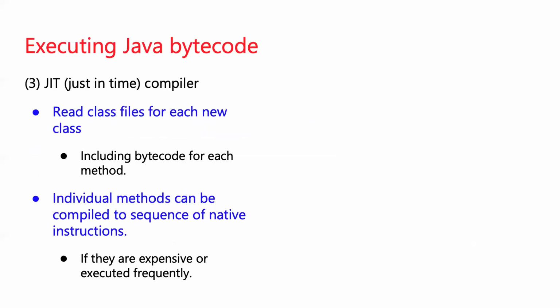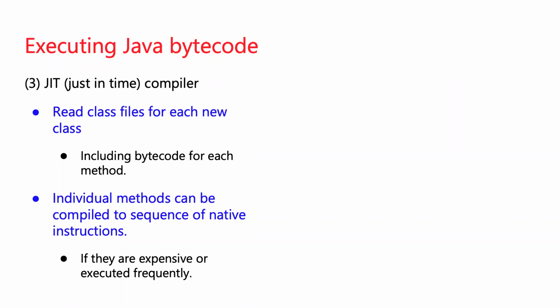Well, a very common approach, in fact, so common that modern JVMs do this all the time, is instead of just depending on software to simulate every bytecode, we could use what's called just-in-time compilation.